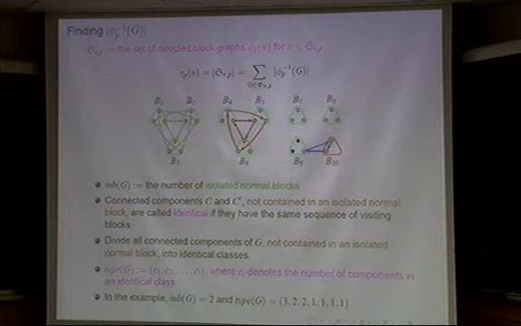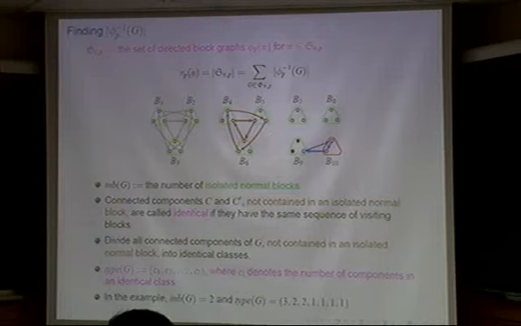Here we have two isolated normal blocks, and we see connected components are single fixed points or p cycles. Two connected components C and C prime are not contained in an isolated normal block. So these two are not of interest.